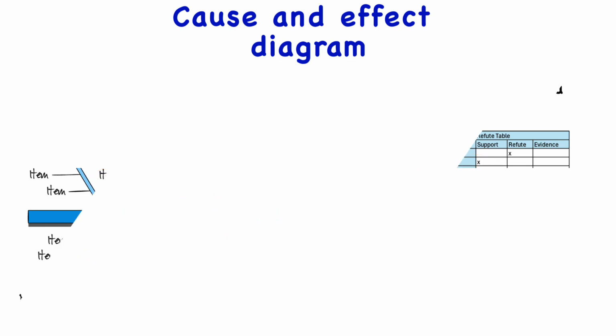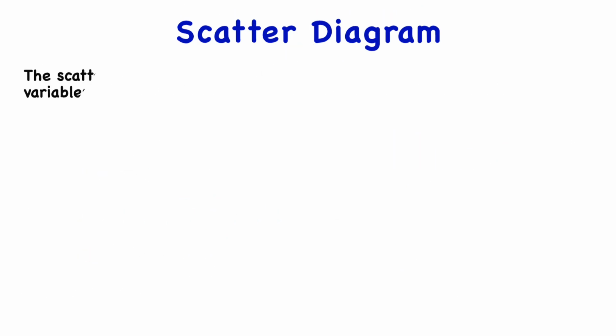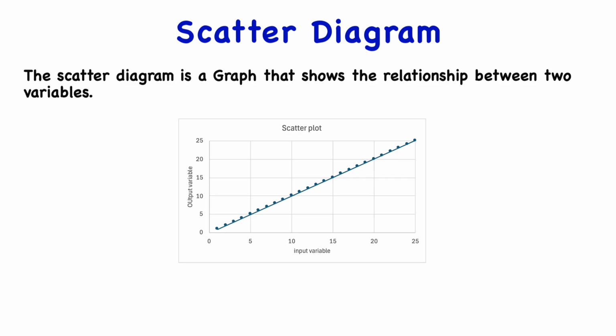Scatter diagram. The scatter diagram is a graph that shows the relationship between two variables, normally an input variable versus an output variable. This visual tool shows how the input variable can affect an output to understand their dependencies, especially when you have multiple input variables.